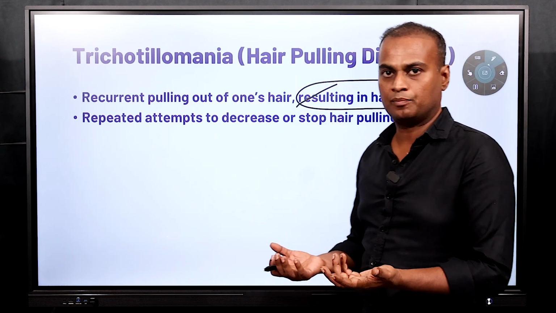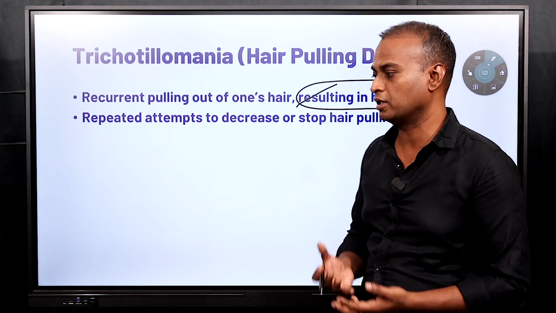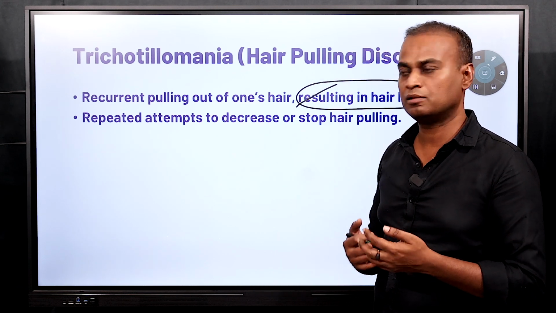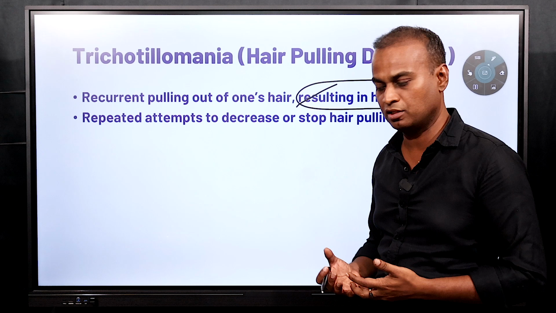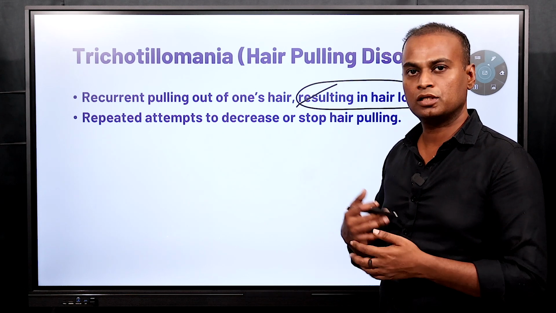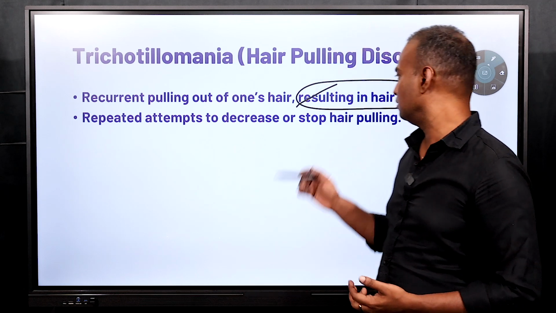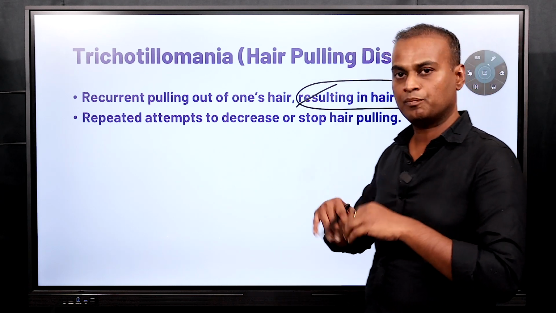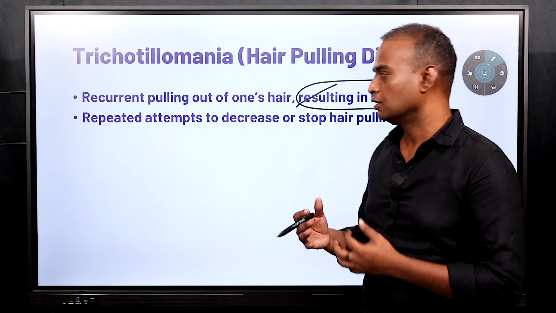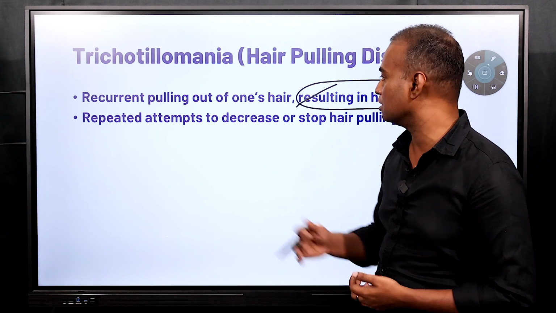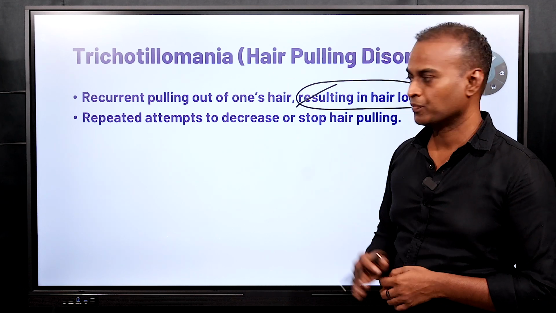The person becomes conscious of hair pulling, always thinks about it, and wants to stop, but unknowingly he again goes and pulls the hair. Whether the person pulls the hair repeatedly, leading to hair loss, or tries hard to stop pulling, even that is considered trichotillomania.